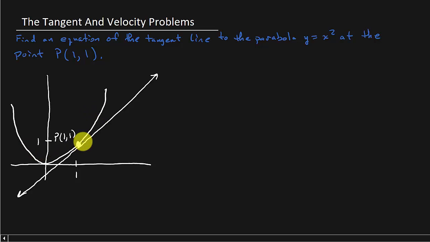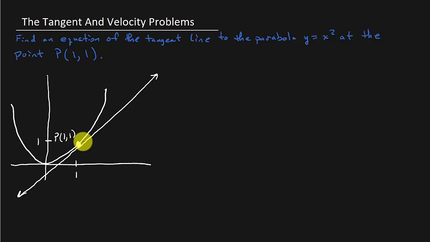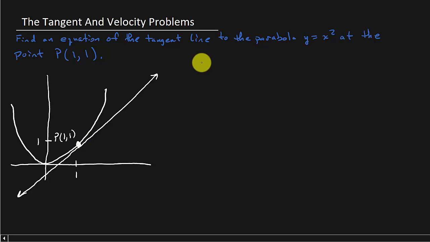Now, in order to find the equation of a line back from algebra, we had this: y minus y1 equals m times x minus x1. Remember, this was the point slope form of a line.